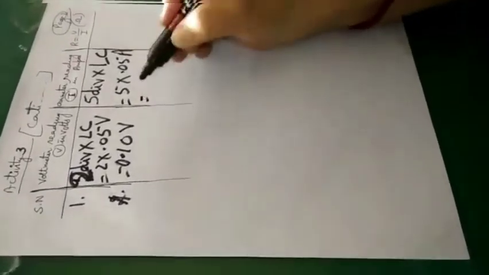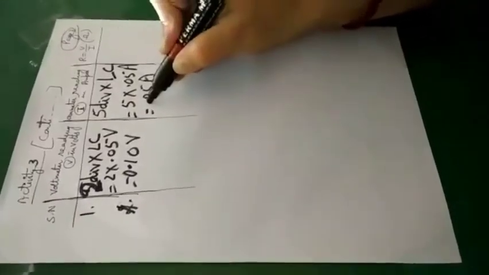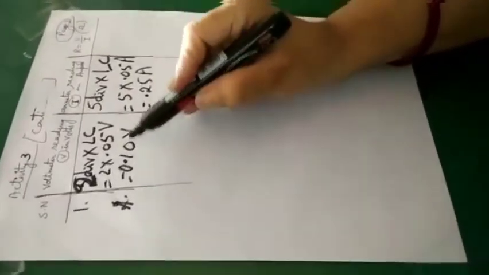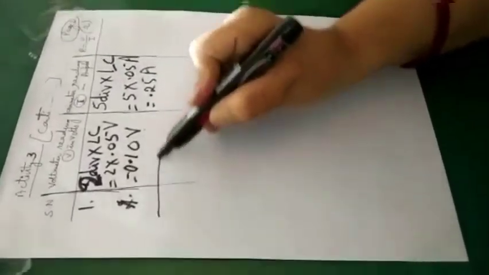Here 5 into 0.05 ampere, 5 fives are 25, so 0.25. So when the voltage is 0.1 volt, the current is 0.25 ampere.